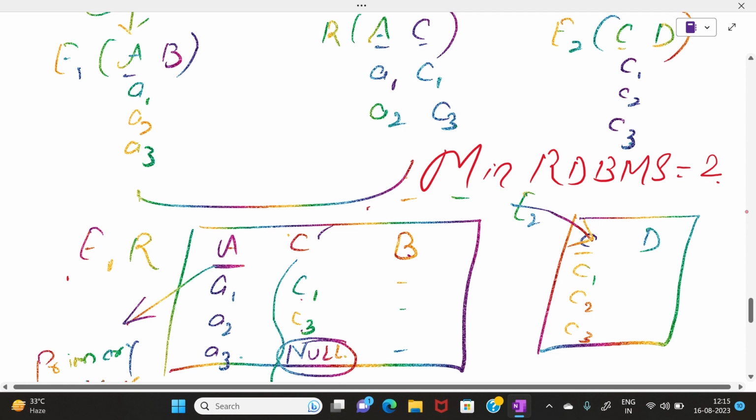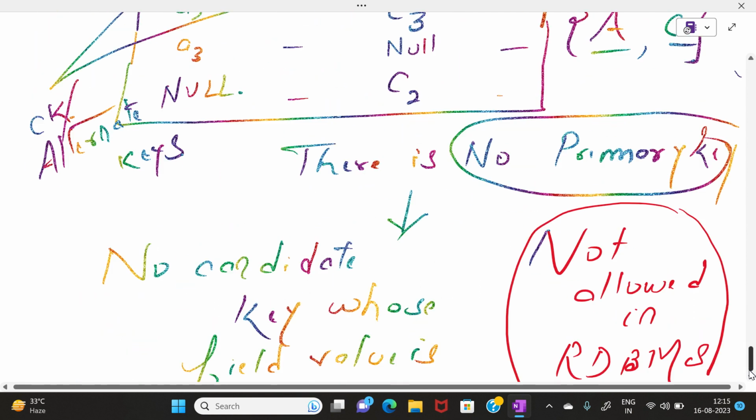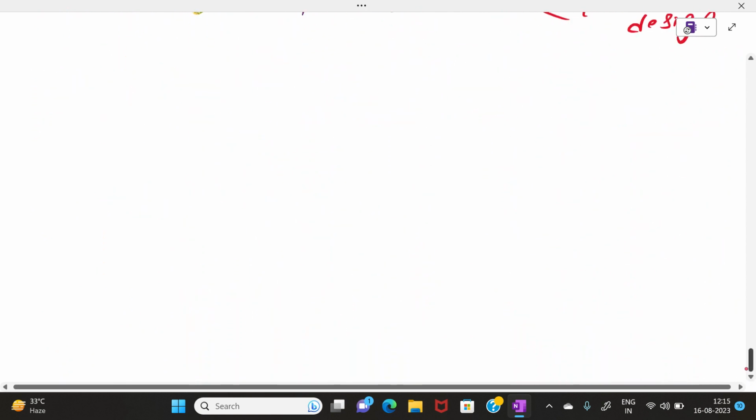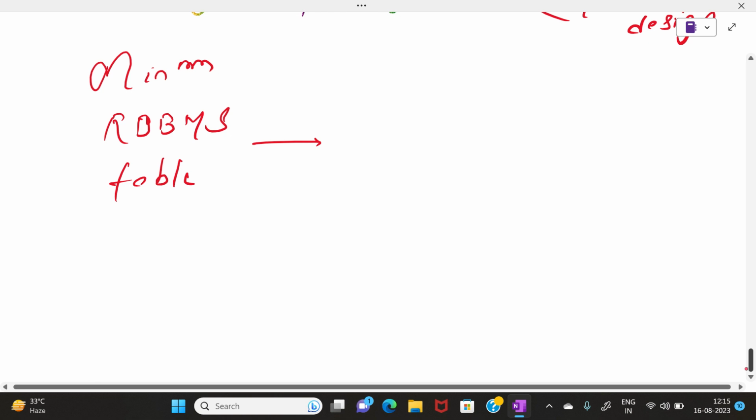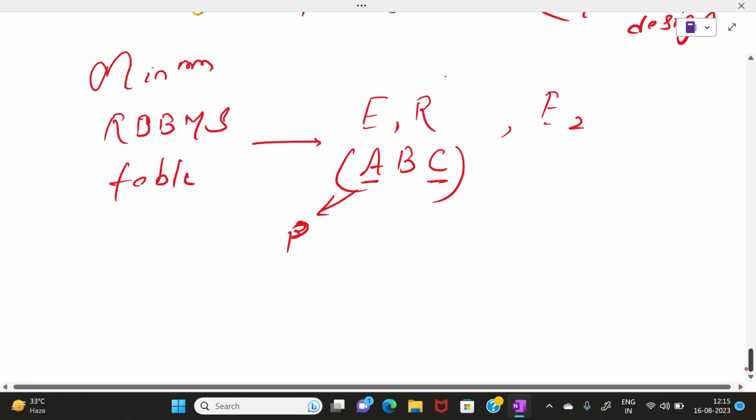Okay, what will that be? Either E1R or E2R. I mean, there are two combinations possible here. The minimum RDBMS tables could be either E1R and E2 with the combination as A, B, C, A being the primary key here and C being the foreign key here.